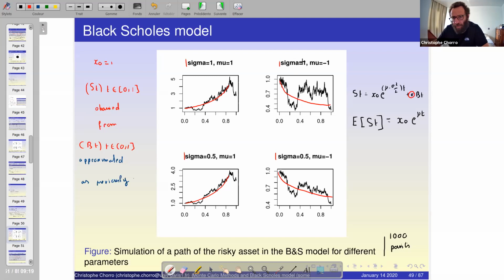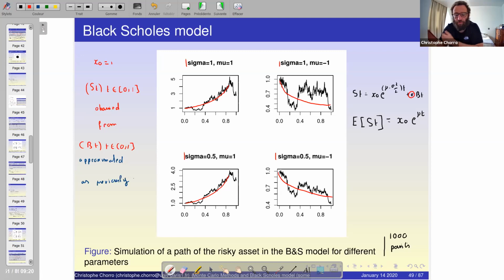For a negative mu, even if I have this underlying tendency, if the parameter sigma is too big, it can be complicated to recover the tendency, because my huge random fluctuations make the underlying general tendency of the trajectory disappear. But it was just to give you intuitions about the parameters in the Black-Scholes model.